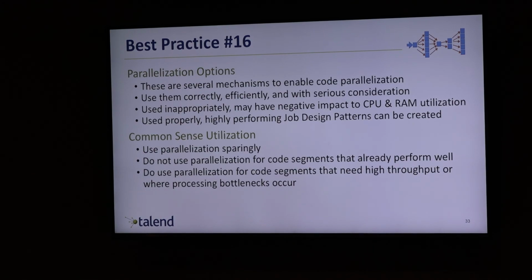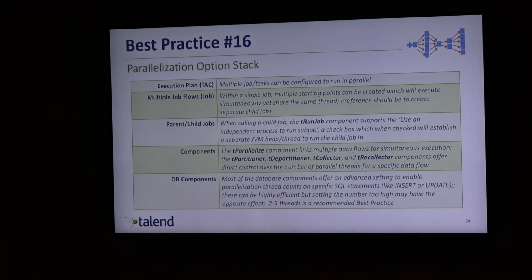You can control it using job servers, like I said, virtual job servers. You can control it using multiple JVMs. You can control it even in the TAC using execution plans, things like that. All the options are on the next slide, I think. Yeah. There you go. So some of the stack that are available for you to parallelize.